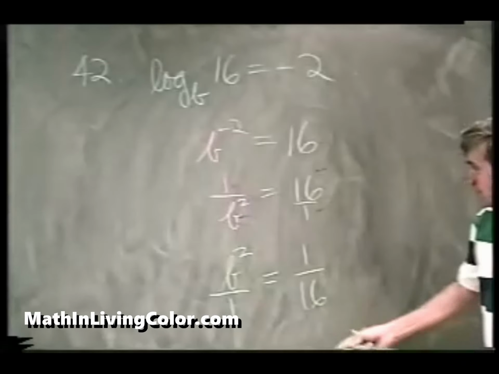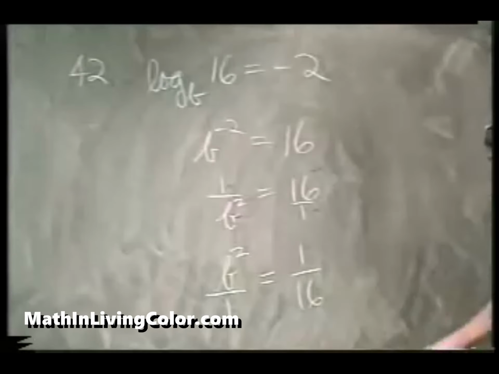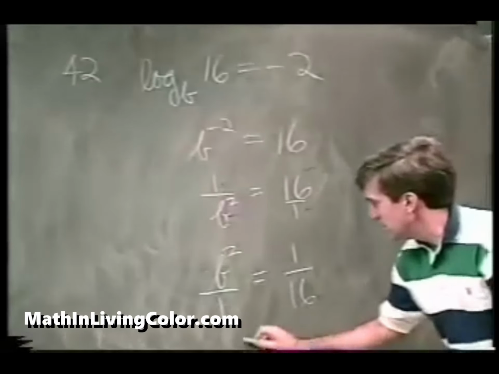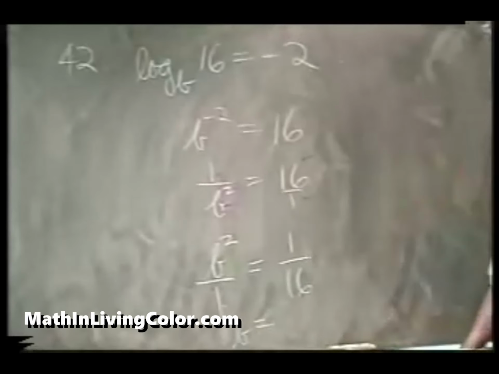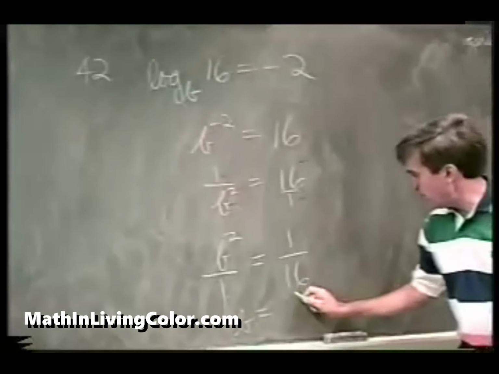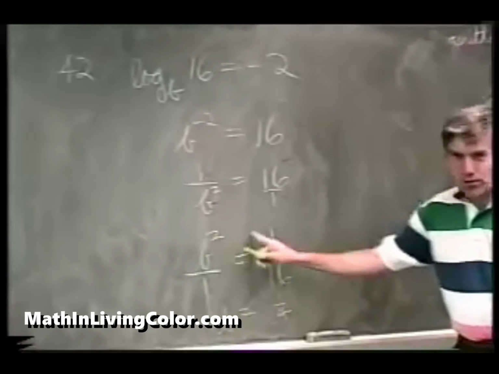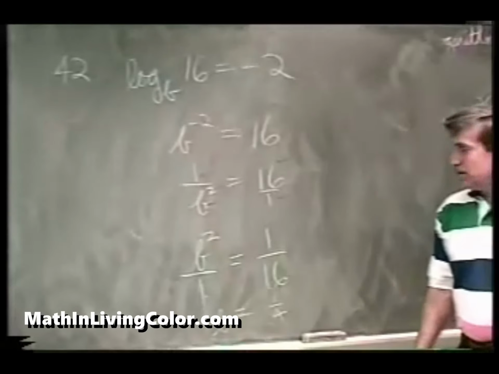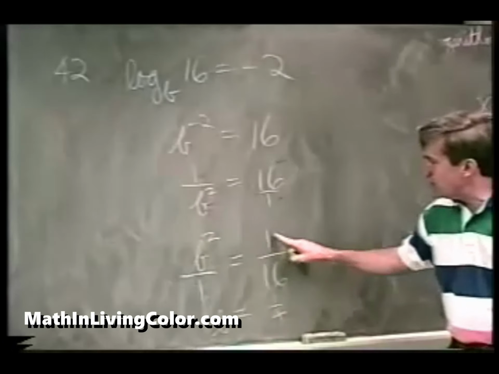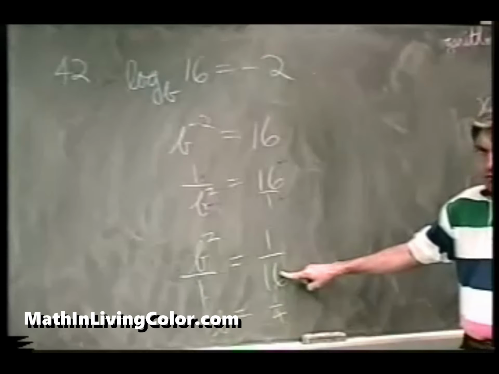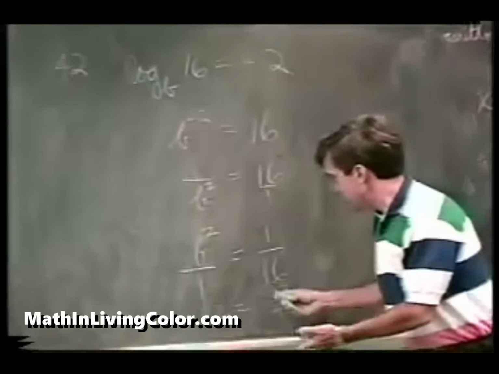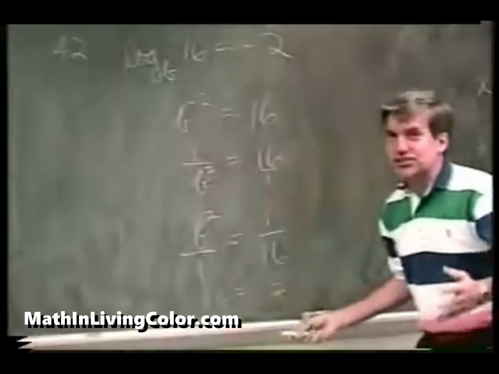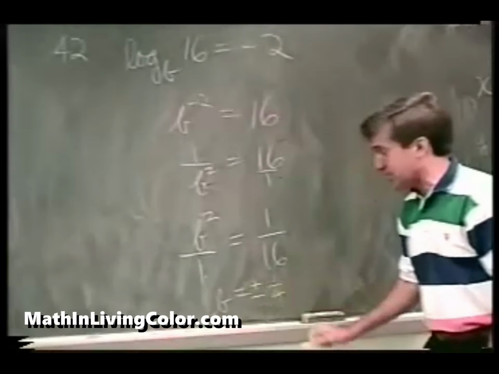Okay? So now b squared equals 1/16. What would b have to be? b would have to be 1/4. Now what happens when you take the square root of both sides? It'd be the square root of 1/16. The thing I'm trying to get you to see is it's going to be plus or minus in there.